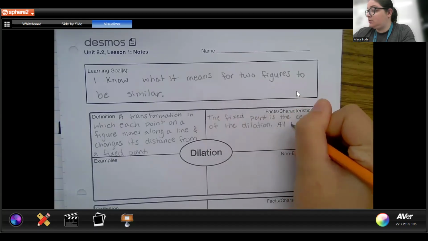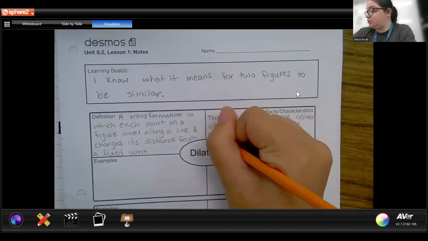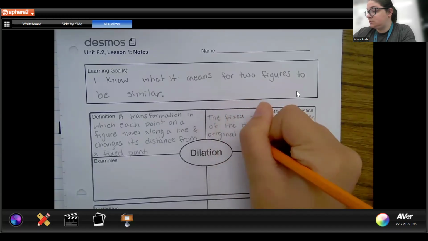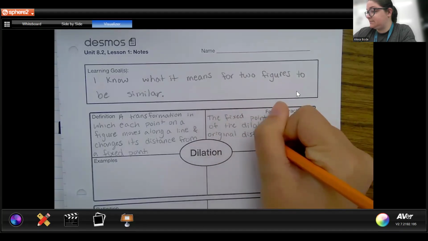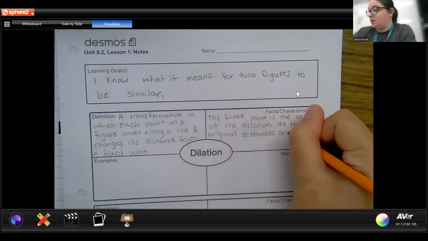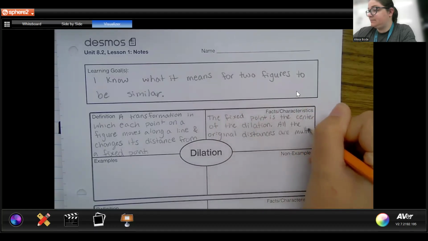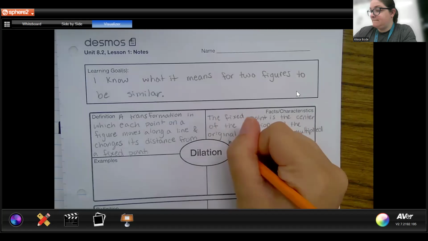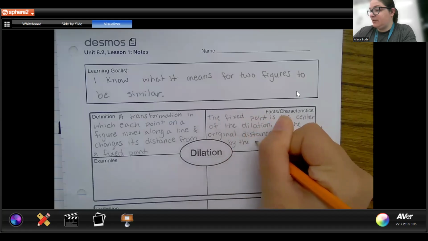And all the original distances are multiplied by the same scale factor.